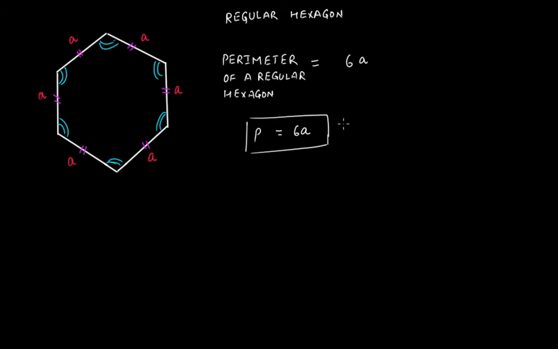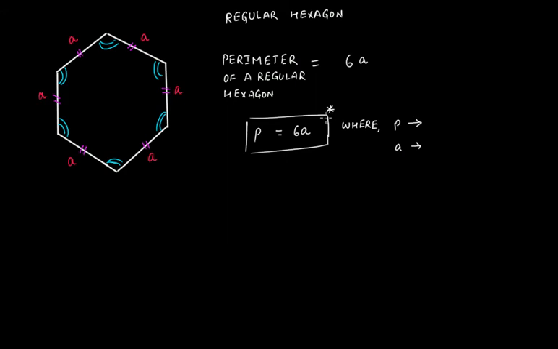And then you'll have to mention where P represents the perimeter of a regular hexagon, and A represents the length of each side of any regular hexagon.